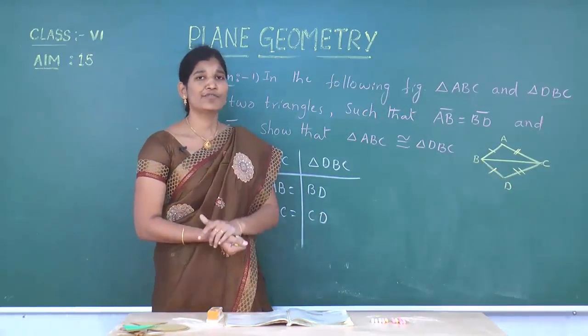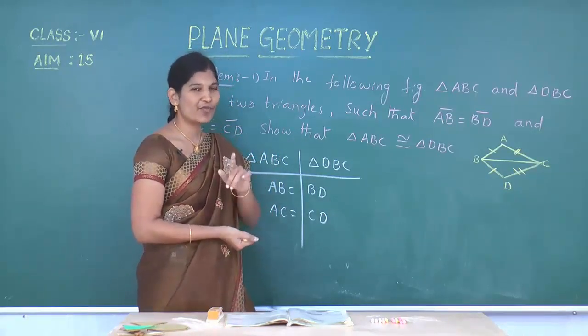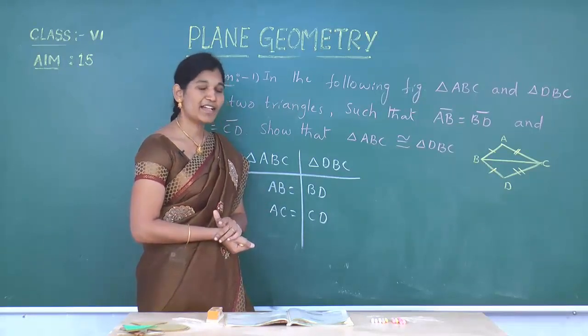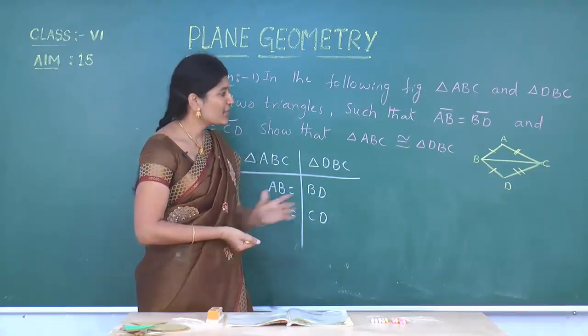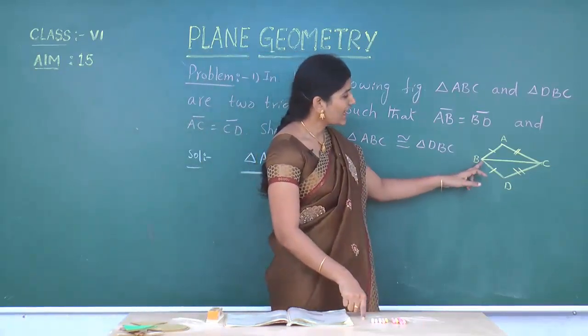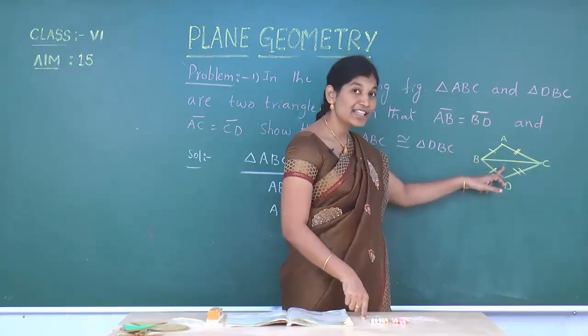Now what do I have to do? If any two triangles are said to be congruent, we need one more measurement, whether that is angle or side. Let me observe this figure. See, can I take BC as common for both the triangles? Yes.